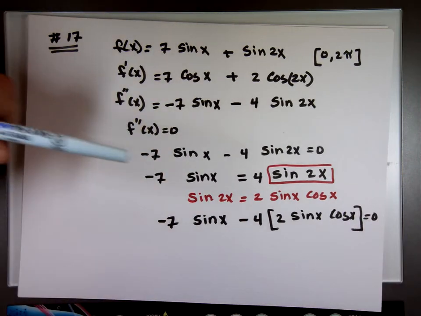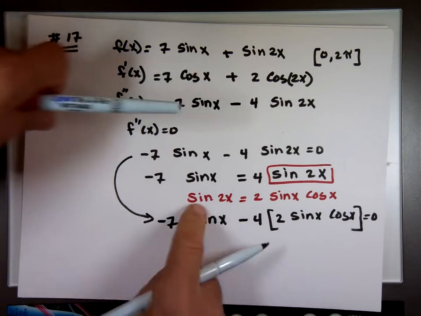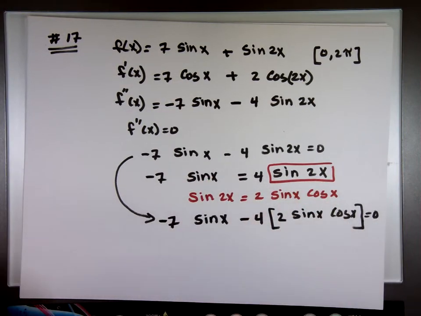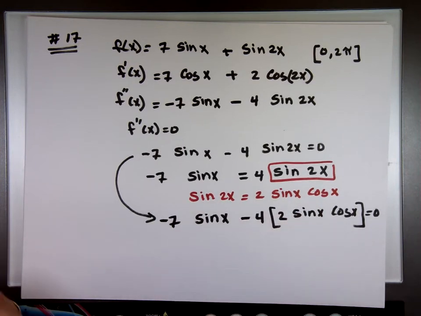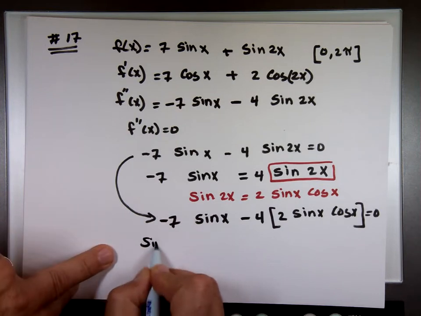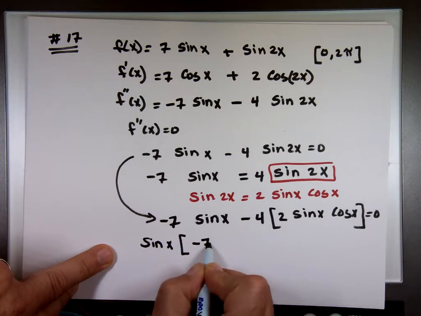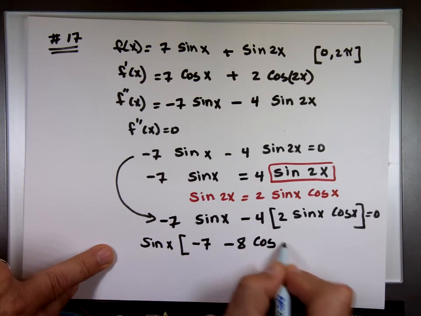I went back to this step here. Using that, I put it there to see if I can solve it. I realize this is x and that's 2x. I can't solve it. So I'm using that substitution, putting it back in that form, so I can factor sine x out. Negative 7 left here, minus what? 8 cosine of x is equal to 0.